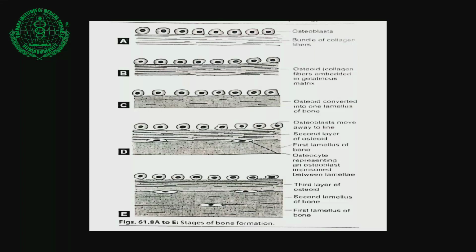The balance is maintained between the bone resorption and bone formation within its bone modeling units. And probably the balance is due to the release of chemicals like paracrine signals from osteoblast or osteoclast.